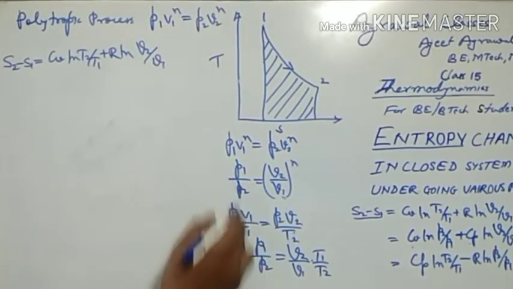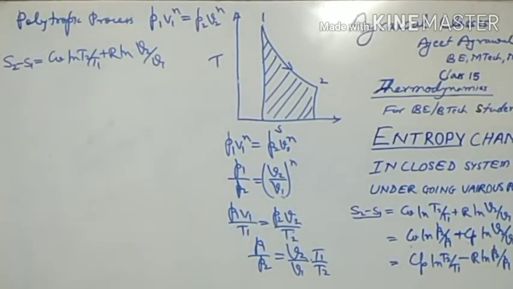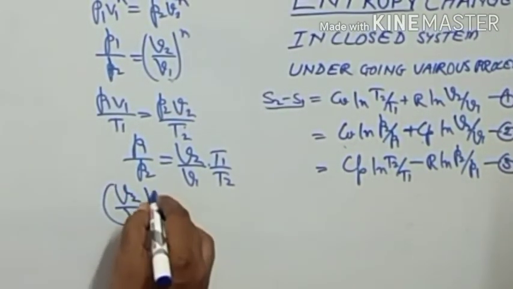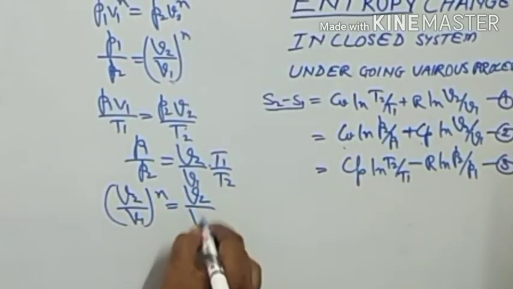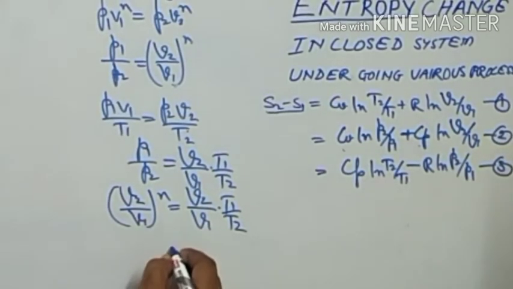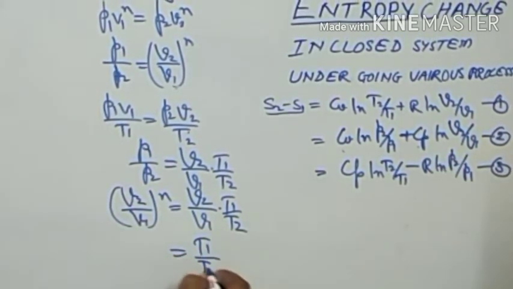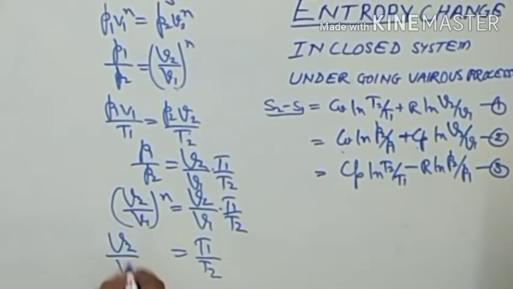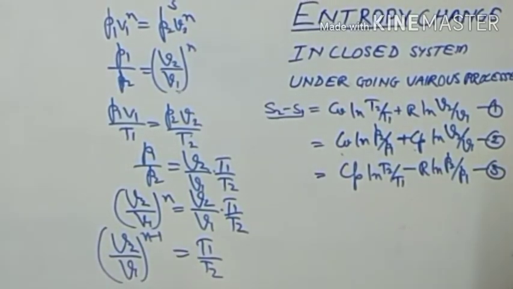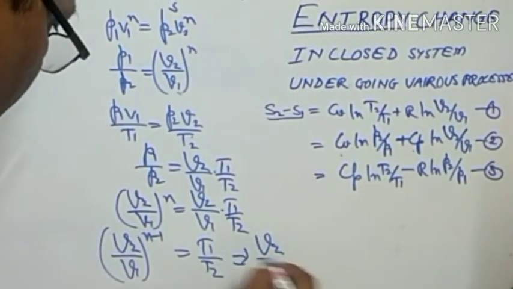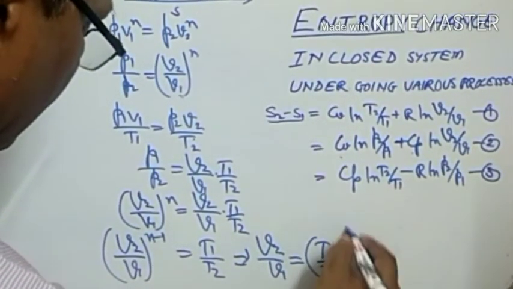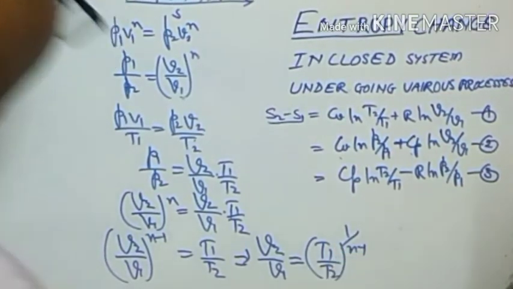So we'll equate these two. So it becomes V2 by V1 to the power n equals V2 by V1 into T1 by T2, and T1 by T2 can be written as V2 by V1 to the power n minus 1, or V2 by V1 can be written as T1 upon T2 to the power 1 upon n minus 1.